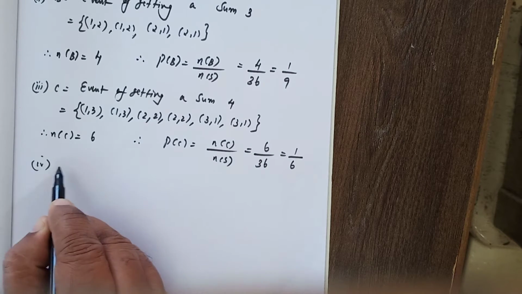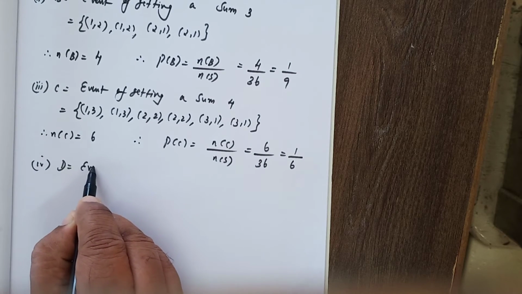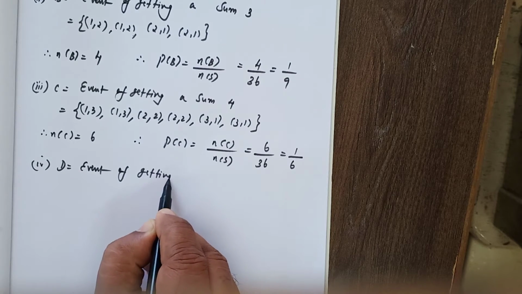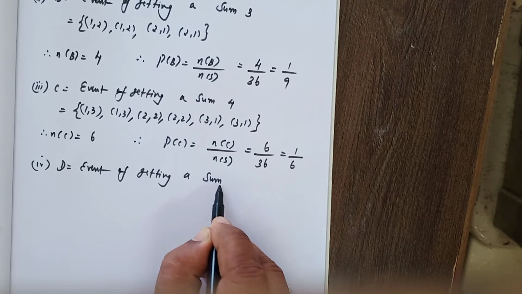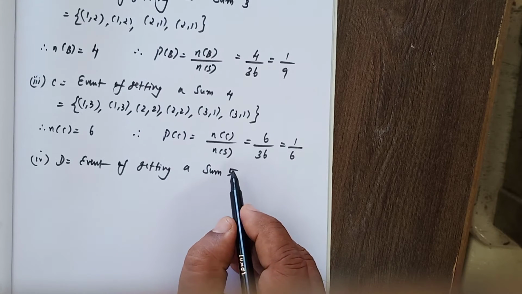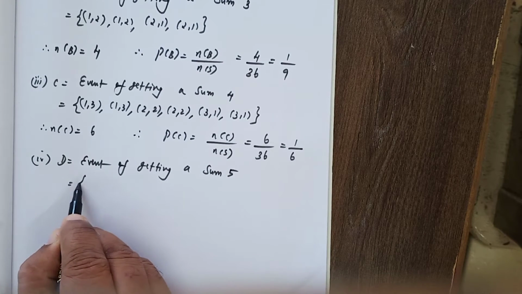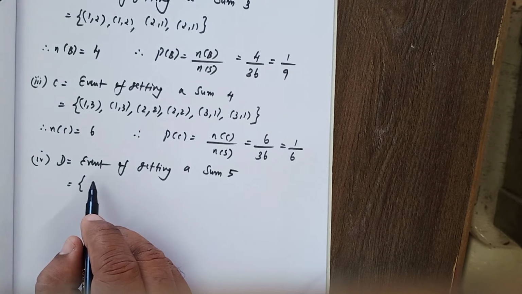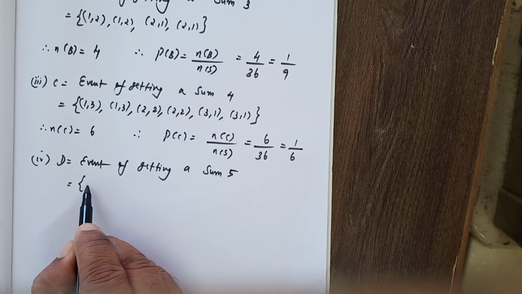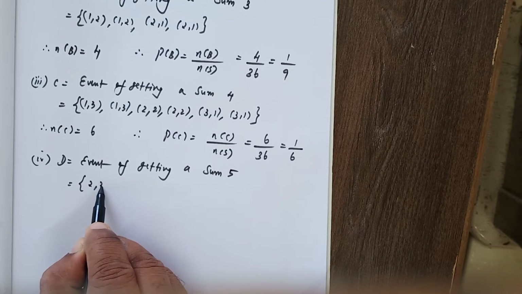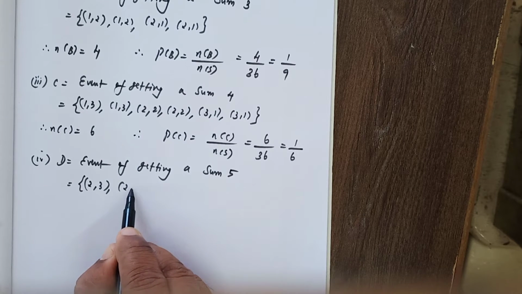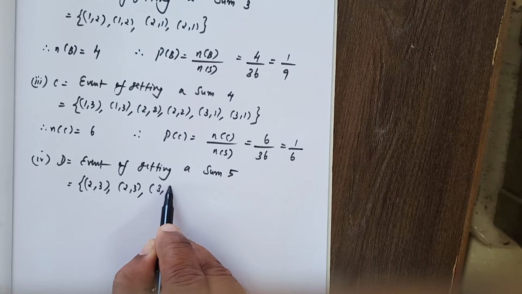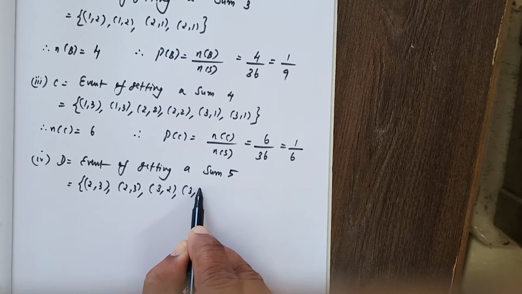Now subdivision number 4, D equals event of getting a sum 5. Sum 5, what are the numbers? In the first row we have no such element for getting 5. In the second row we have 2 comma 3, two times. Third row we have 3 comma 2, 3 comma 2.